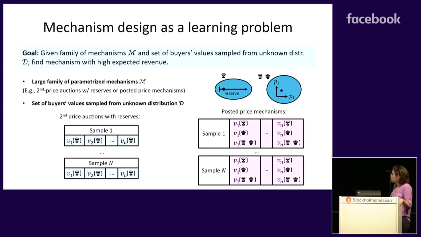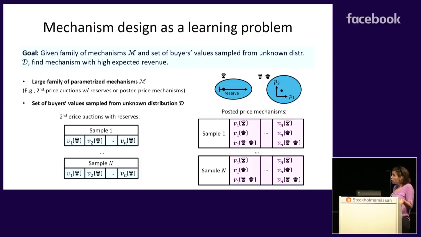So if we have 2 items, sample number 1 will tell us for buyer 1 how much he values the coffee, how much he values the muffin, and how much he values both the coffee and the muffin. And similarly for buyer number 2, and so on, up to buyer number n. And so this is one sample, and we'll get capital N such samples.